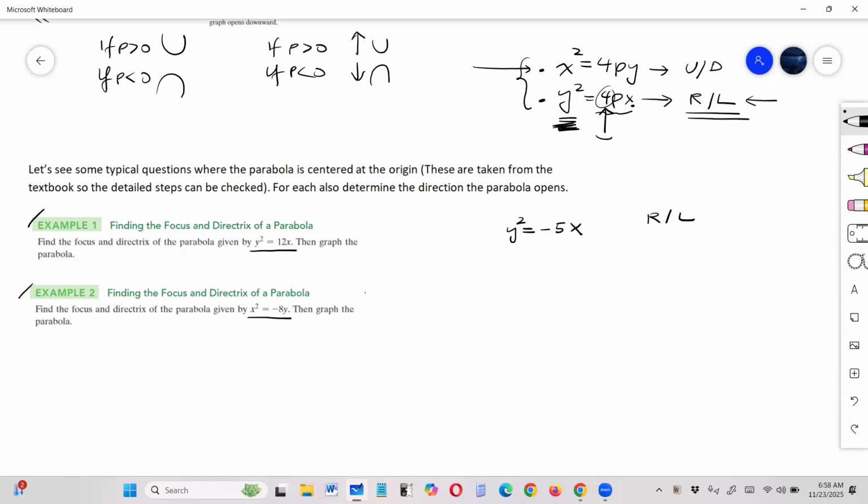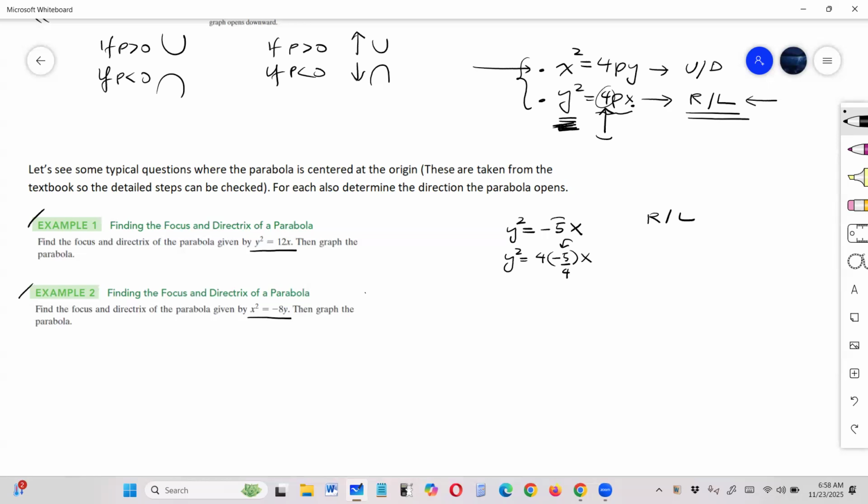Next step is I have to factor a 4. So you're going to pull out a 4, parentheses x. So inside of the parentheses, you have to put something that after you multiply the 4, you have -5. Well, but this is obviously -5/4, right?